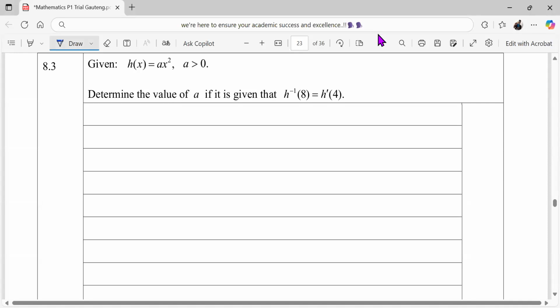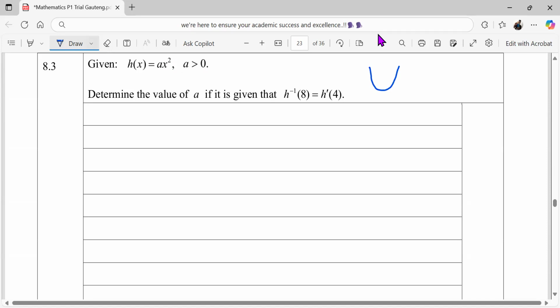So what about in this case? Well, in this case, they say it is given to us that h of x is defined as ax squared. It's a parabolic function, and the significance of them telling you that a is positive is that the function is facing up.